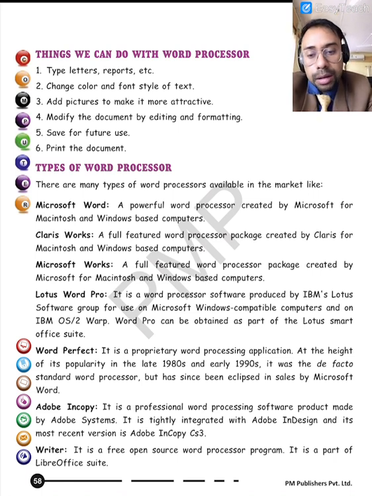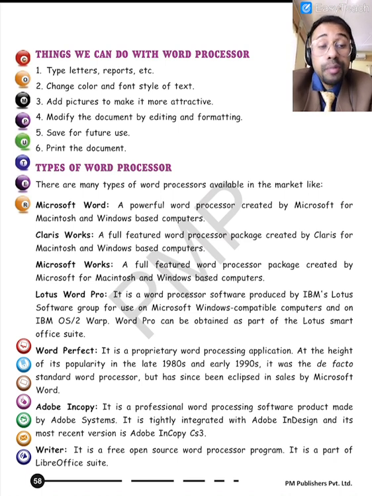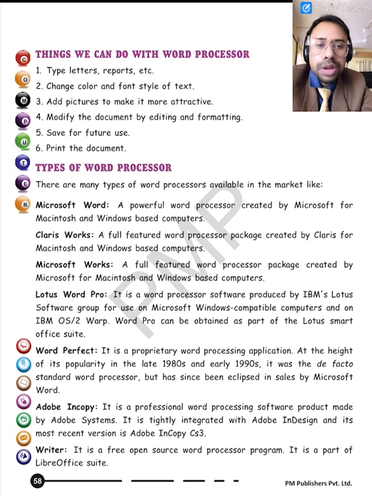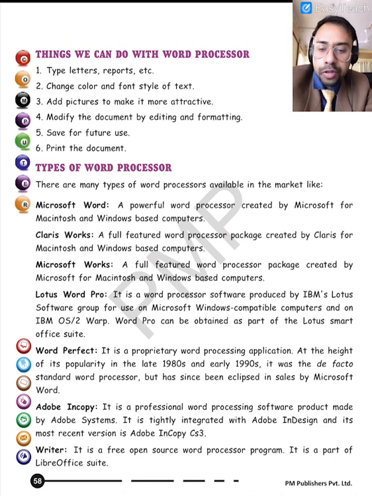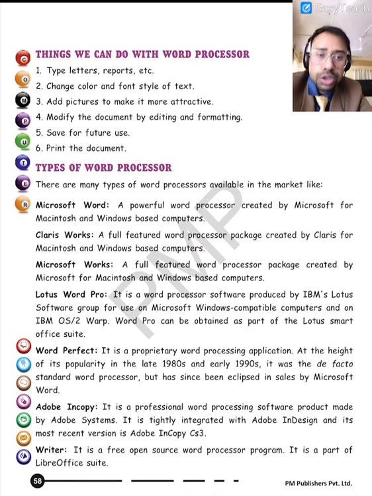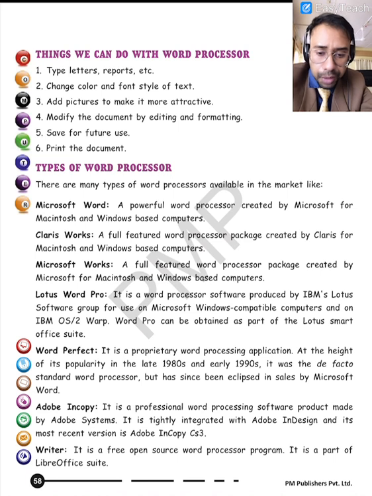And again, there is another older version of Microsoft Word which is called Microsoft Works. That is also a word package. Now, a few lesser-known word processing software, first being Lotus Word Pro. It was made by IBM, International Business Machines, one of the leading hardware and software companies. So they also made a word processor, and that was quite effective.